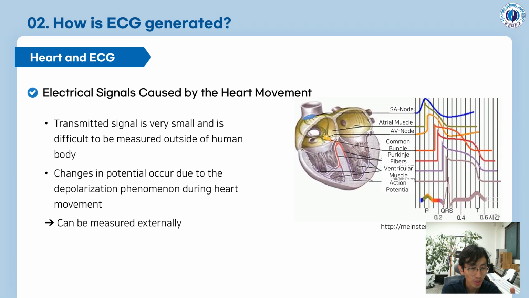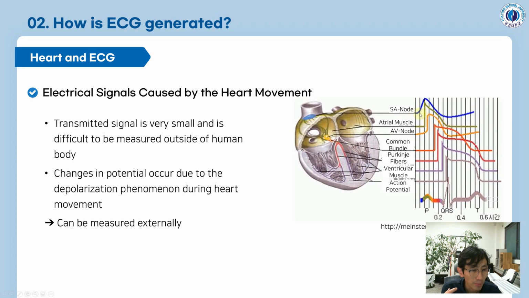Because the position and the amount of electric charges change, the electric potential is going to change, right? And then the signal changes, the signal occurs. So this is how we can measure our muscle movements, especially over here, how we can measure our heart's movements.